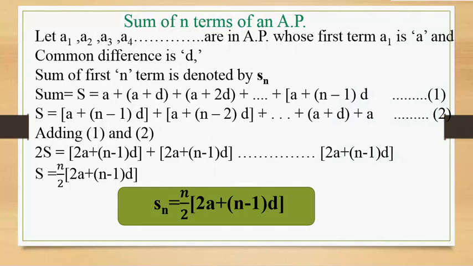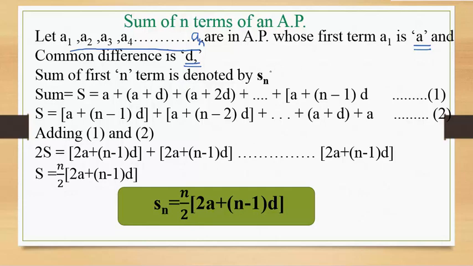Now, sum of n terms of an AP. Let A1, A2, A3, A4 and so on till An, the nth term, be an AP whose first term A1 is a and common difference is d. Now what will be the sum of first n terms?